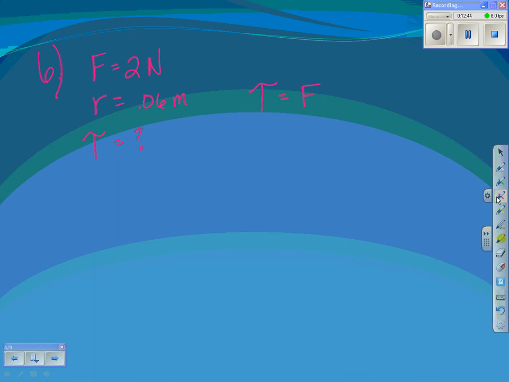Torque would be force times radius. So we have 2 times 0.06 equals, and we get an answer of 0.12, and this would be in joules, or it could also be in Newton meters. All right, so you do also get this formula on the test. Cool enough? I think that was one of our problems on our additional problems too.